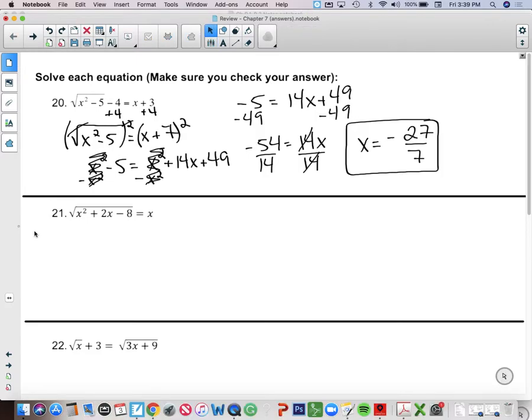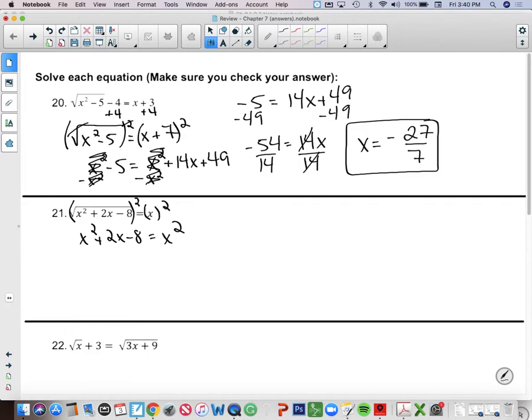All right? For number 21 here, we need to solve the equation. The left-hand side, that square root's already isolated by itself, so we can just go ahead and square both sides right away. So we get x squared plus 2x minus 8 equals x squared. And then we have to get everything on one side, or we can try to factor here.